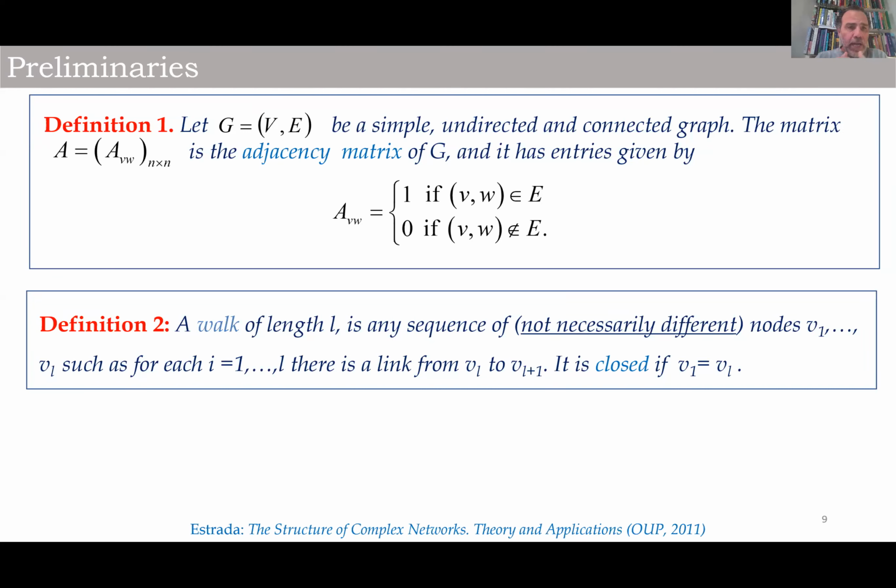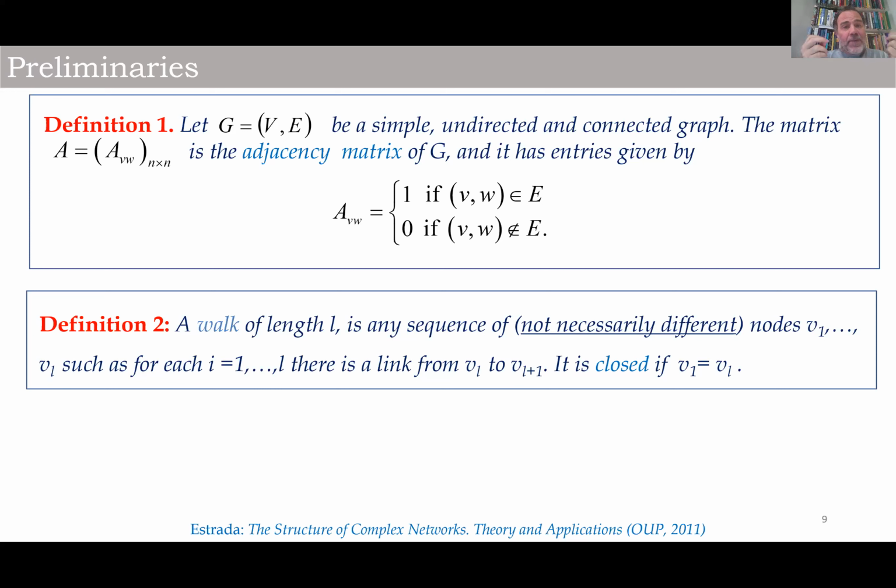So I will use extensively the concept of walk, and in the physics literature, there is a confusion between walk and path. In a walk, we have a sequence of not necessarily different vertices and edges, in such a way that the particle can even do backtracking between the different vertices and edges.